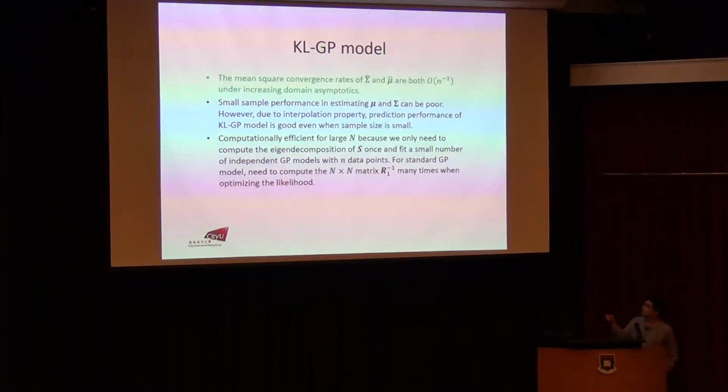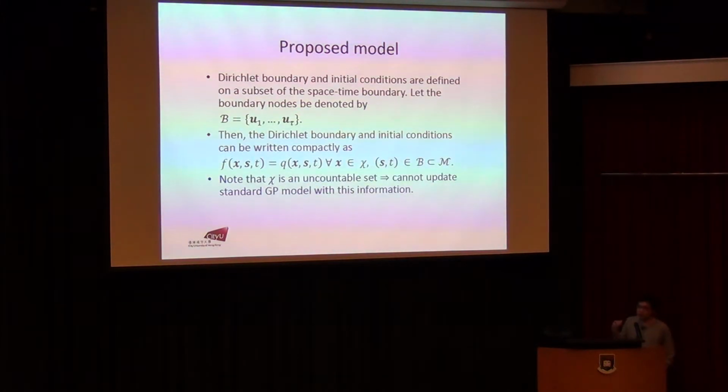I just want to mention that it is much more computationally efficient because we only need to compute the eigen decomposition of the sample covariance matrix once, and most of the eigenvalues of this sample covariance matrix are 0. But the standard separable GP model requires inversion of this capital N by N matrix many times in the fitting of the model. Now the KRGP model does not automatically satisfy the Dirichlet boundary and initial conditions.